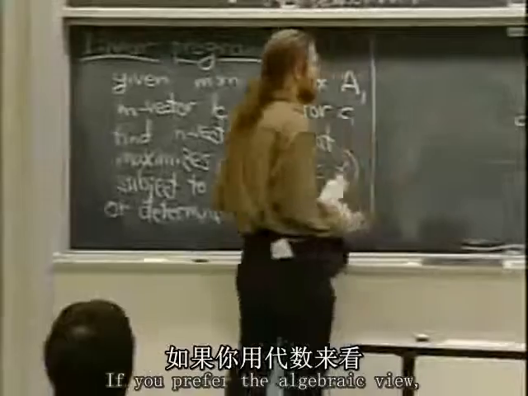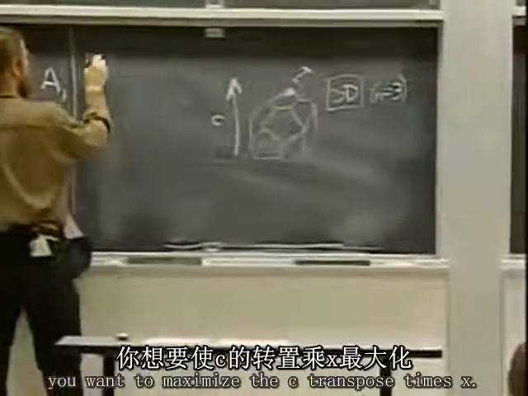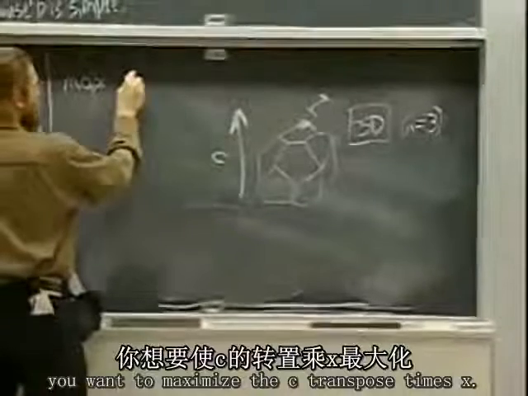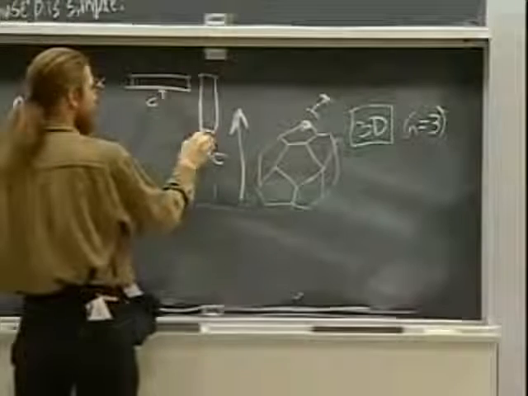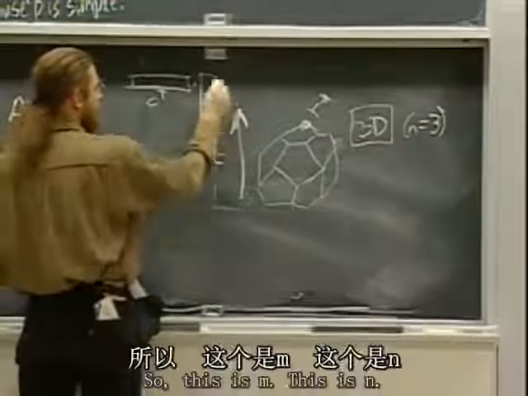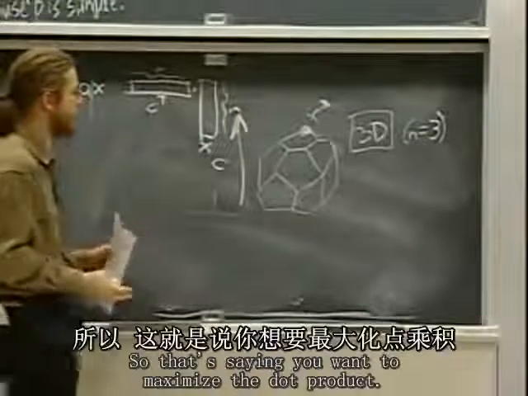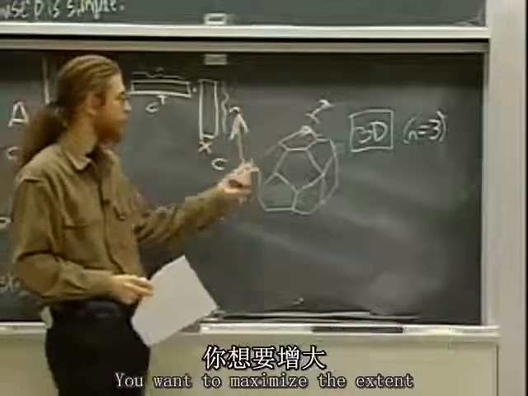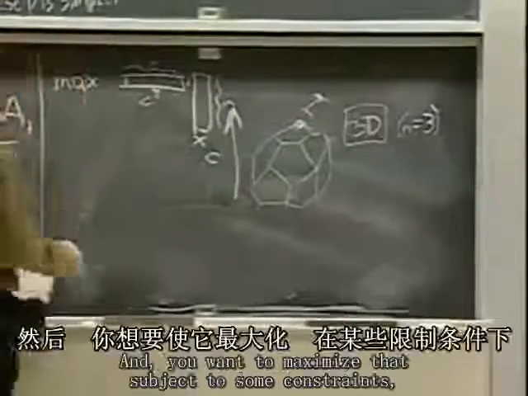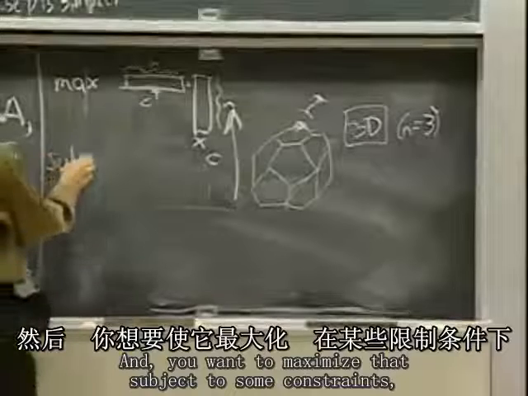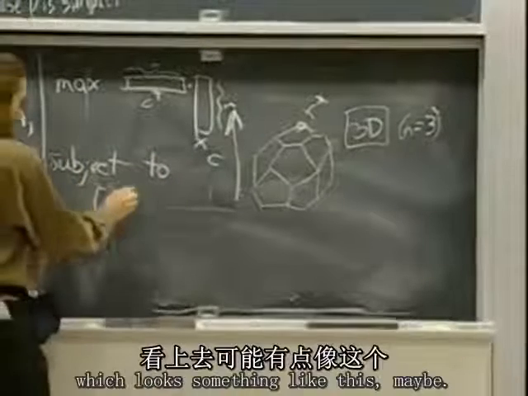If you prefer the algebraic view, you want to maximize this c transpose times x. So this is n. This is n. Check out the dimensions work out. So that's saying you want to maximize the dot product. You want to maximize the extent to which x is in the direction c. And you want to maximize that subject to some constraints, which looks something like this, maybe.